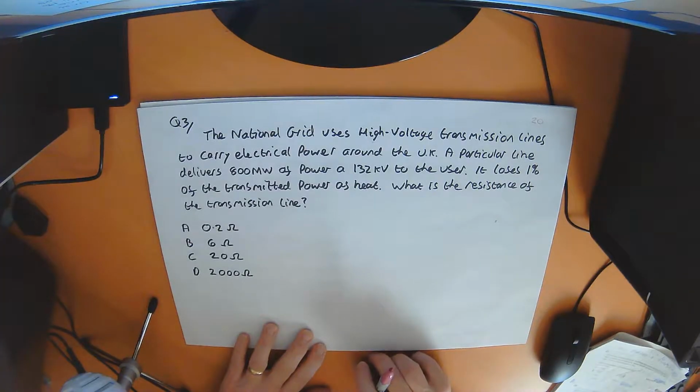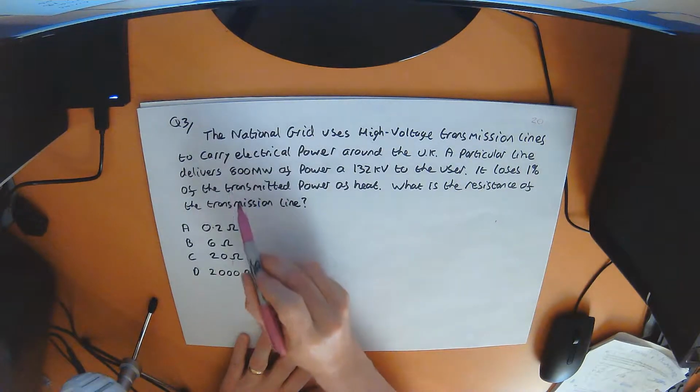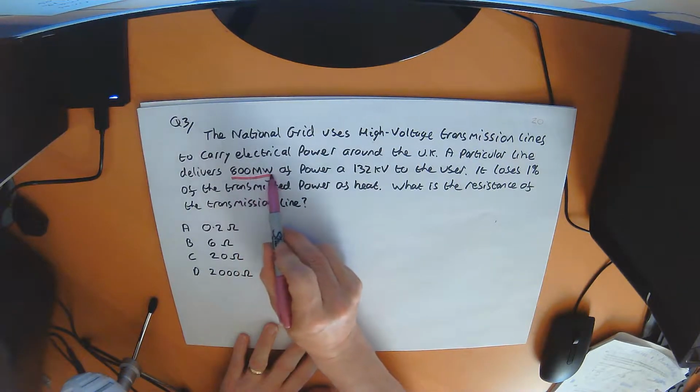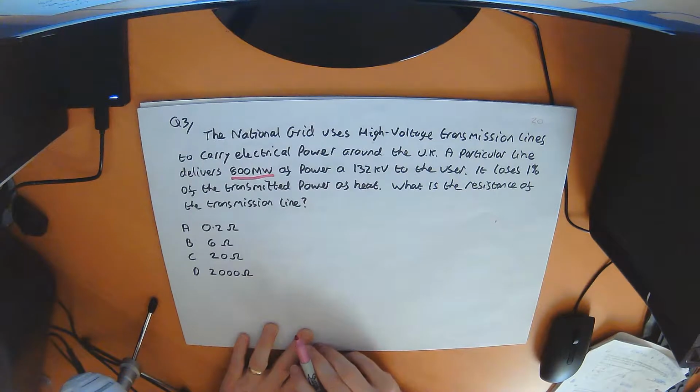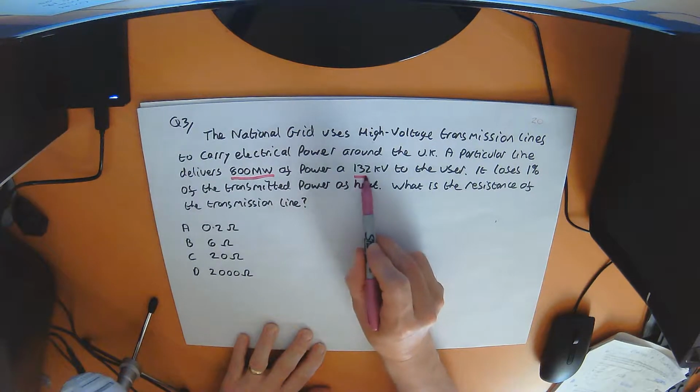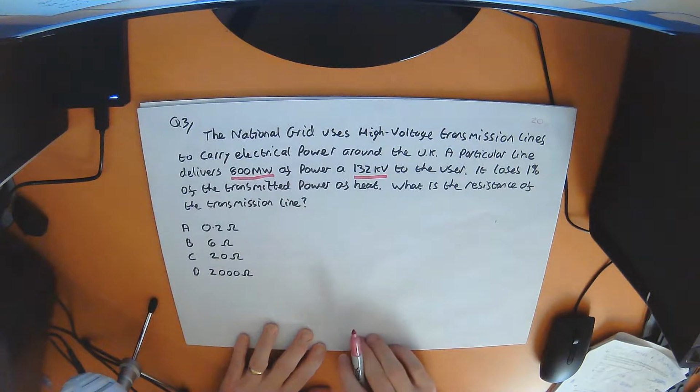So this question also was not very well answered. Probably I think because you have to think intelligently about which formulae apply to which part of the question. So we're told that this power line transfers 800 megawatts when the potential difference across it is 132 kilovolts.